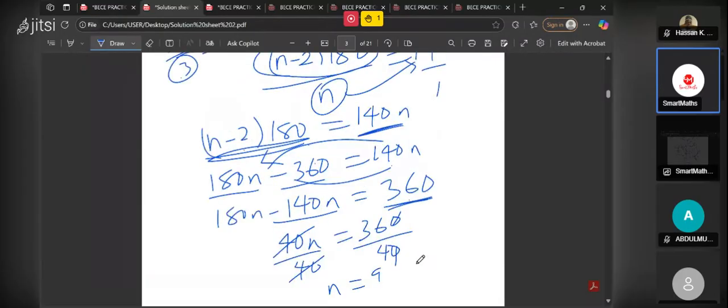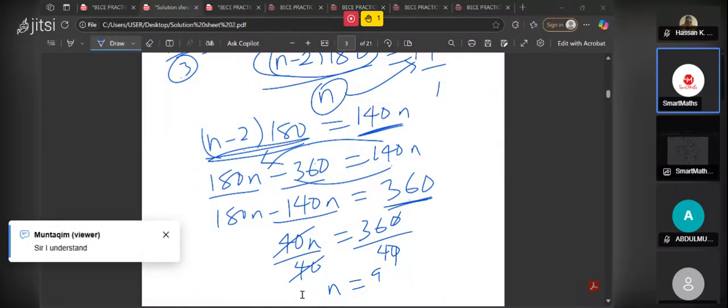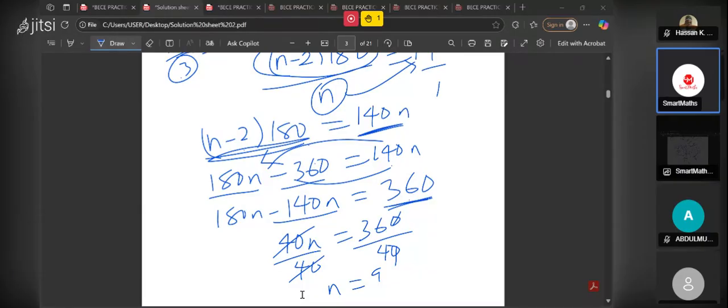So if you want to copy now, you can copy it now. All right.